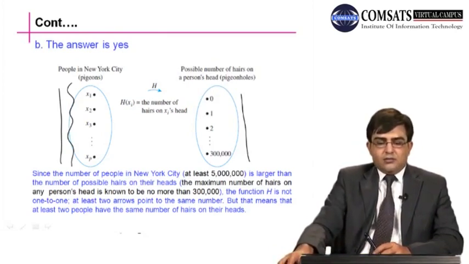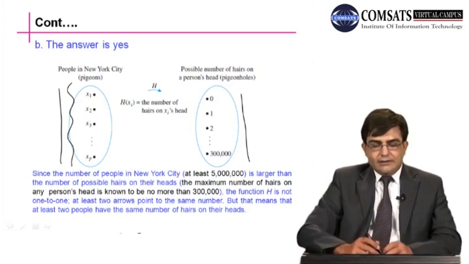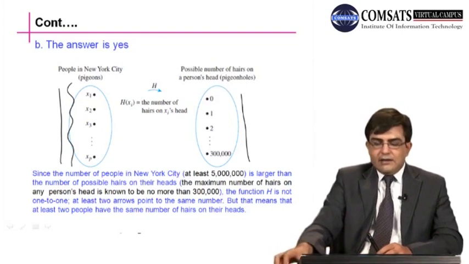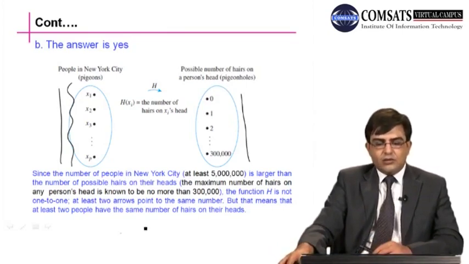So for today it's enough. I think we stop here and summarize what we have studied today. In the next lecture we shall continue discussing the Pigeonhole Principle, and then we shall discuss the generalized Pigeonhole Principle.